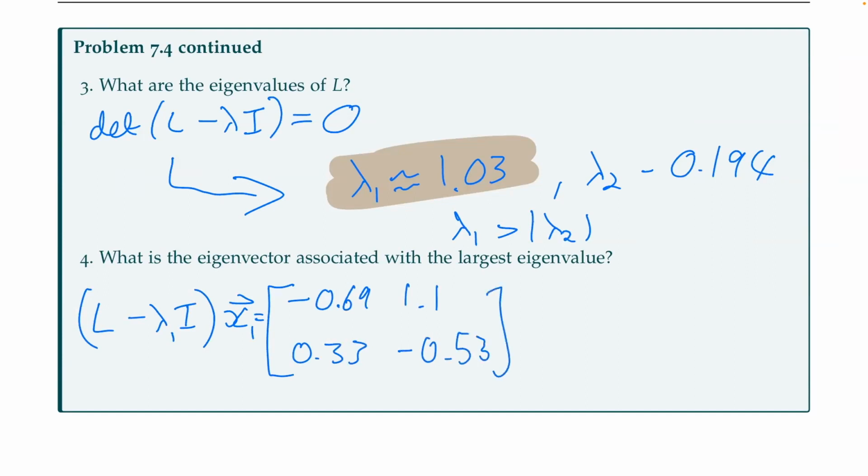So that's just my L minus lambda 1, with lambda 1 as 1.03. So lambda 1 times I. This can be times my eigenvector, and this is going to be equal to 0.